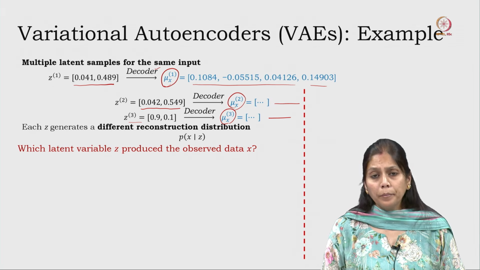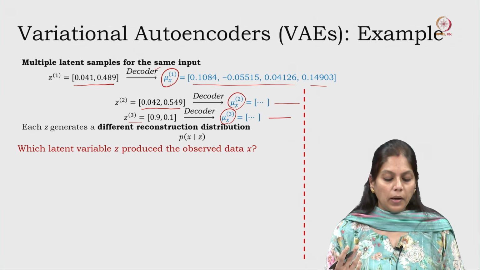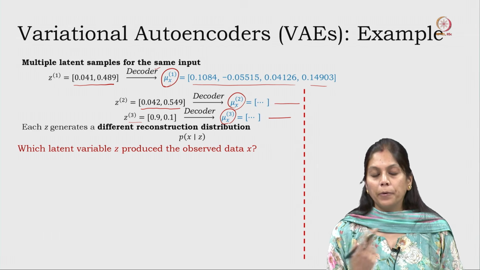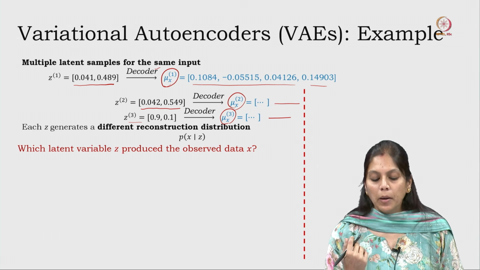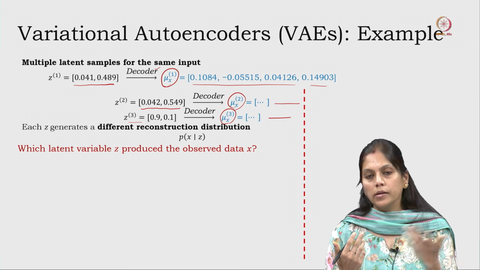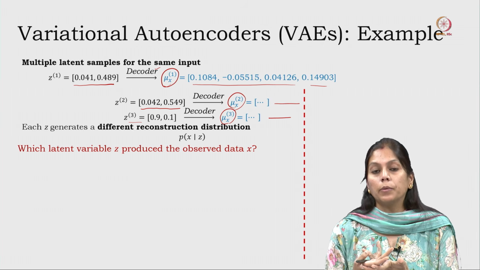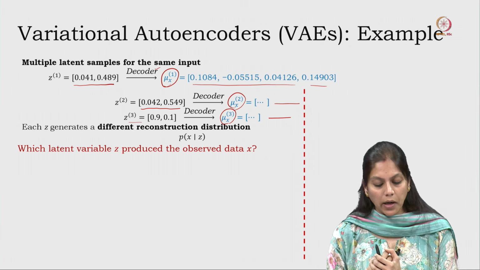Now, the question is, which latent variable Z has produced the data? Because more or less all of these Z's will give us the same data. Which Z has produced this observed data X?